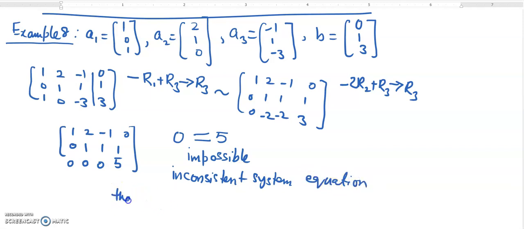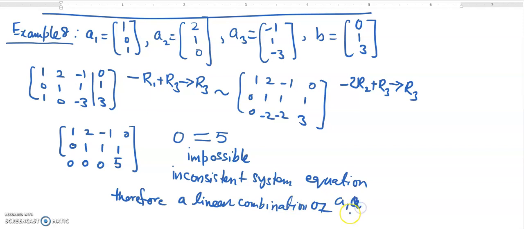Therefore it is not possible to have a linear combination of a1, a2 and a3.